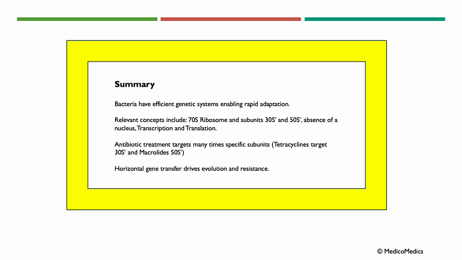So in summary, bacteria have efficient genetic systems enabling rapid adaptation. Relevant concepts from the lecture included the 70S ribosome. If you remember, for eukaryotic cells we had 80S, and for prokaryotic cells, like bacteria, we have 70S, with the subunits 30S and 50S.